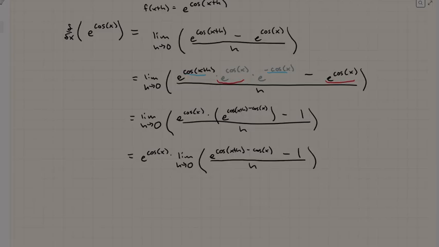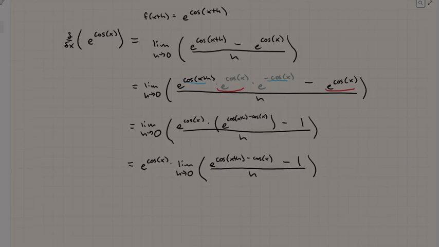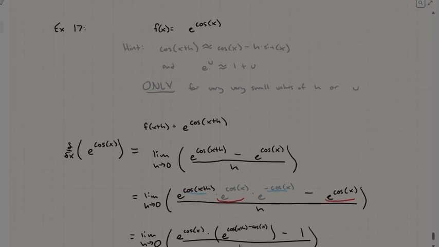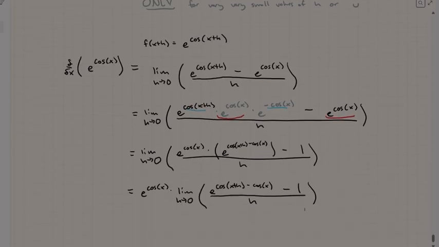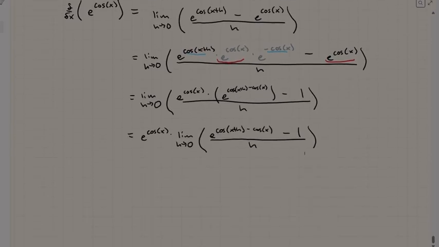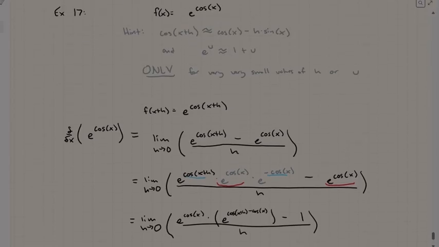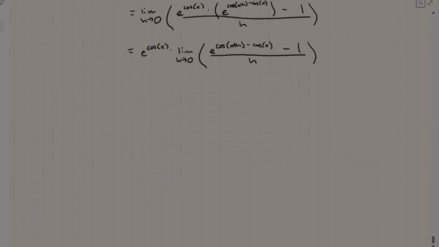Okay. Now, remember we had these hints about when we have very small values of h or 0. So now, for example, we have this cosine x plus h. We had this hint for cosine x plus h.